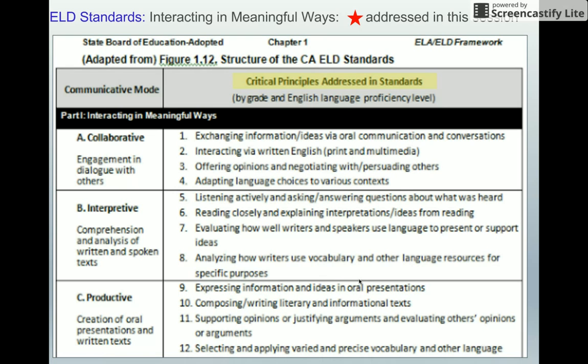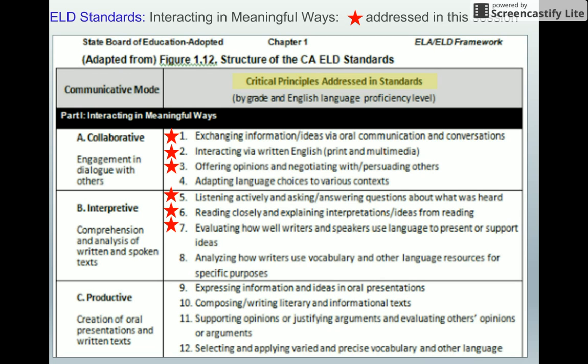And we must also have our ELD strategies in mind when we're working with the text and how students need to interact in meaningful ways. So these are the pieces in collaborative that we will be using today in red.